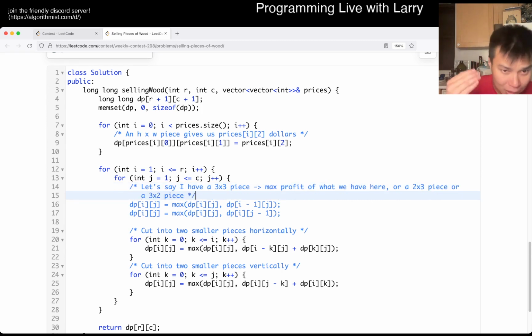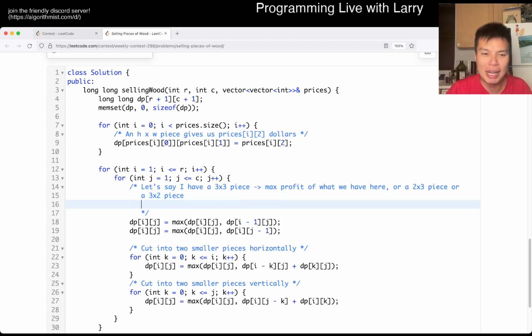And of course, there is a recursion to this, meaning that this 2 by 3 piece, because of the magic of dynamic programming and the order that we did it, is also the max profit of a 2 by 2 piece, or a 1 by 3 piece, right?